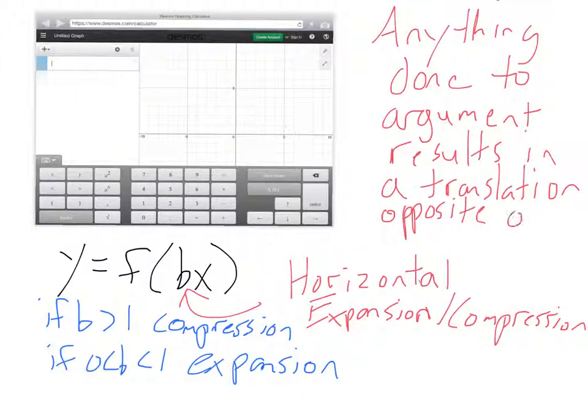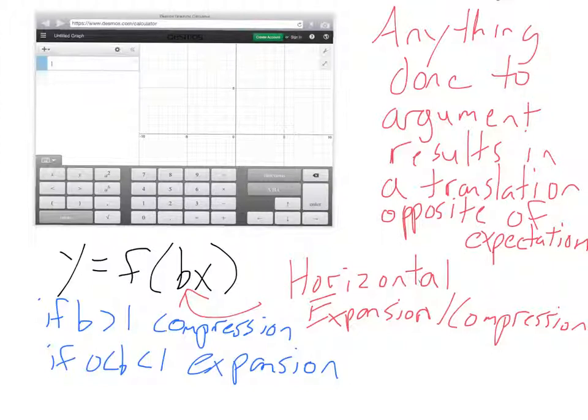Opposite of expectation, let's say. Okay? So, horizontal expansions, contractions, vertical expansions, contractions, vertical translations, horizontal translations. Those are the 4 types of transformations we've seen so far.